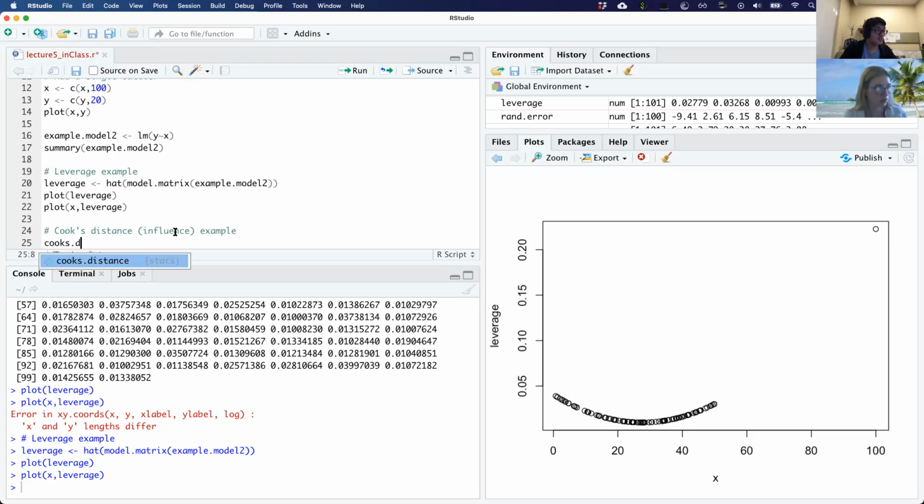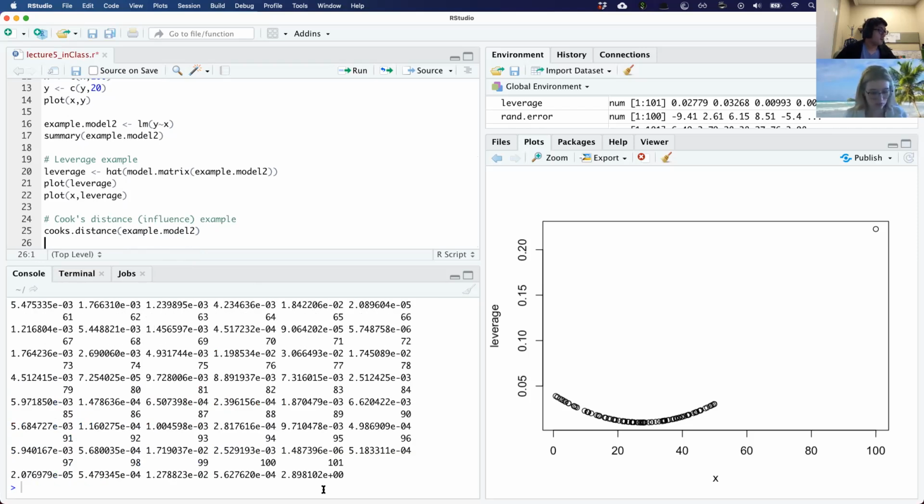So let's just do this, make sure I do example model 2 here. So these are, again, a vector of influence values corresponding to each data point. And then we can look at the plot of this. Plot Cook's distance. Oops, hang on. I want to actually do this up here.